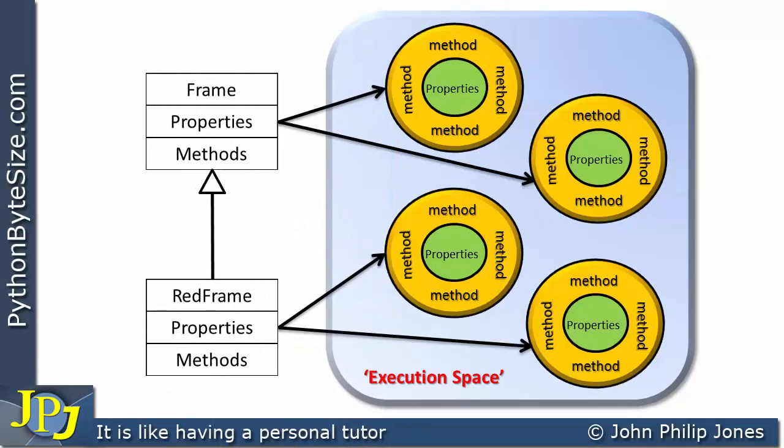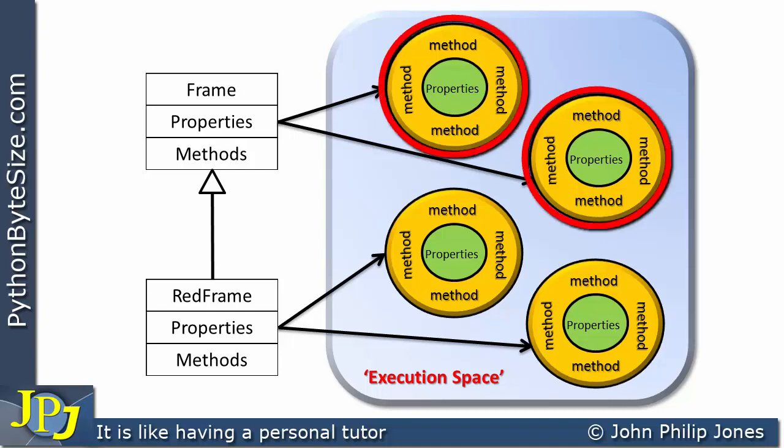If you look at the 4 objects that exist in the execution space, it's important to realize that they all have their own copy of the attributes that have been defined in their respective classes, i.e. the classes on which they have been based. So these 2 here, for example, have the same attributes that are defined in here, but in this case, they can be set up to be different values.